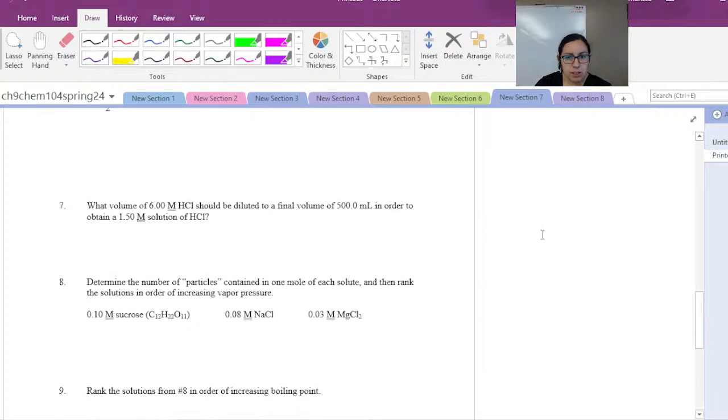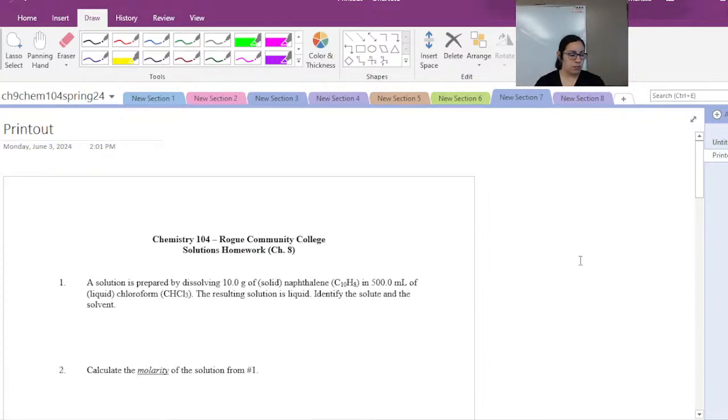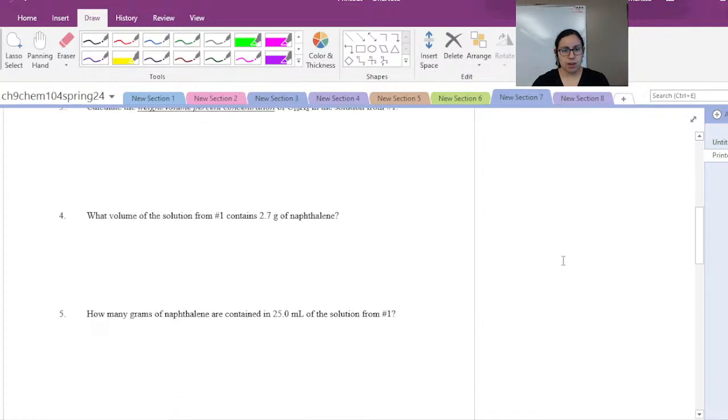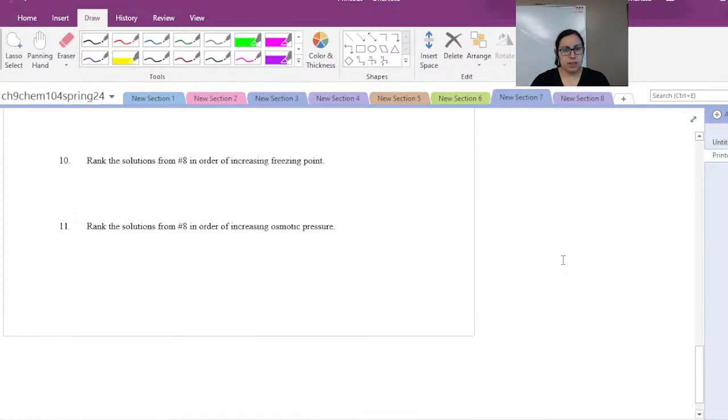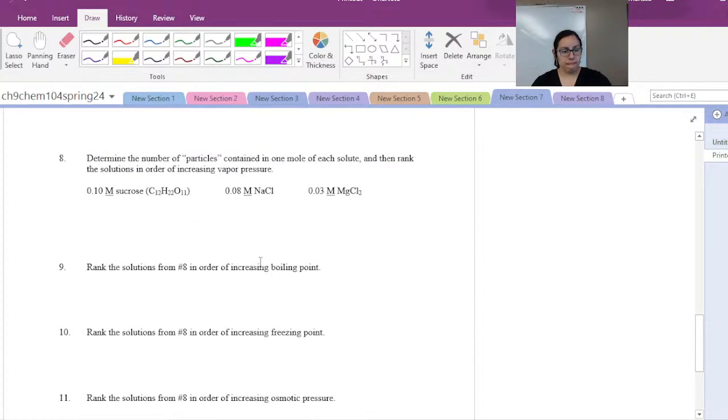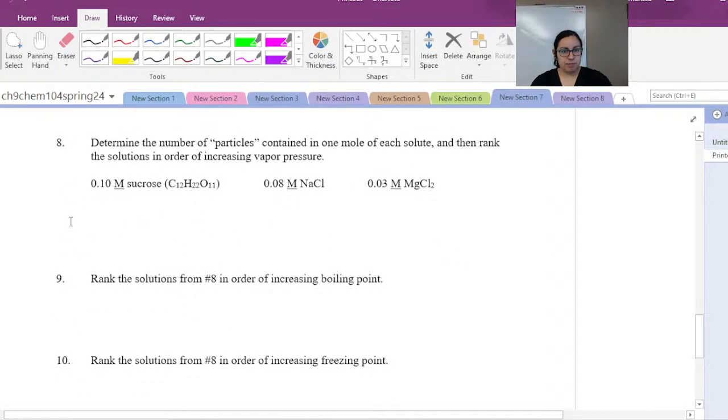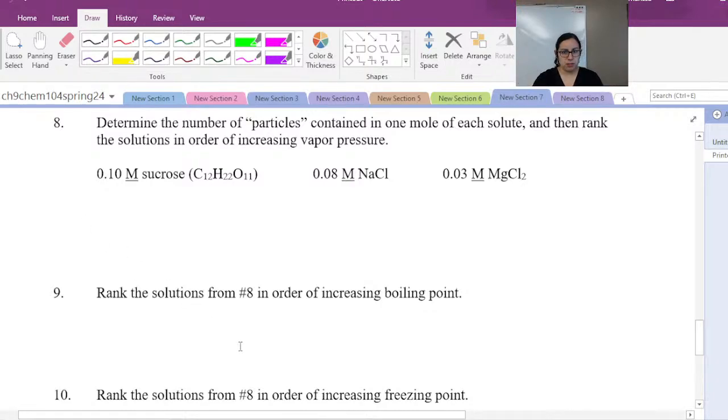Let's actually look at the solutions homework. I just wanted to talk about it briefly, since I think some people had questions, and I noticed people were getting stuff wrong on the homework and other stuff. So let's look at number 8 and what we're supposed to do. It says, determine the number of particles contained in 1 mole of each solute, and then rank our solutions.